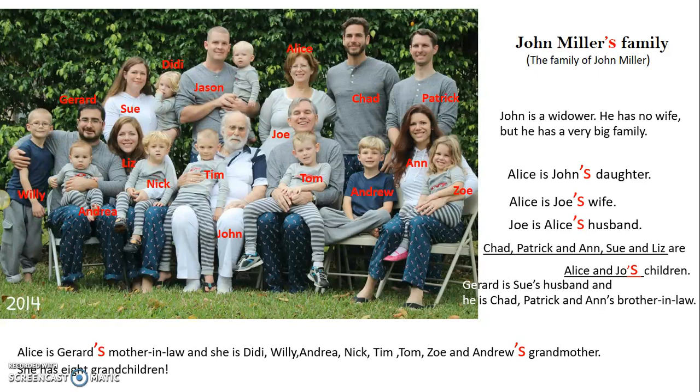She has eight grandchildren. Notice that when we have a long phrase of people, we add the apostrophe s just to the last one, like she, that is Alice, is Didi, Willie, Andrea, Nick, Tim, Tom, Zoe, and Andrew's grandmother.